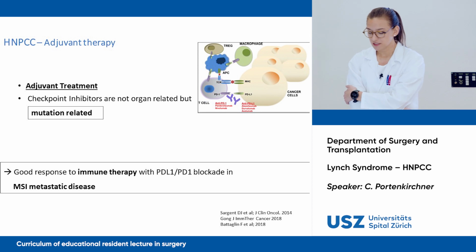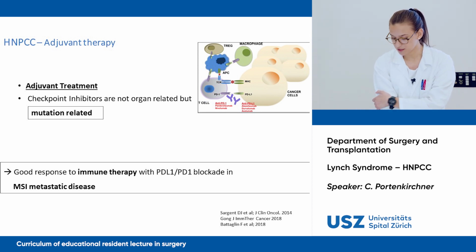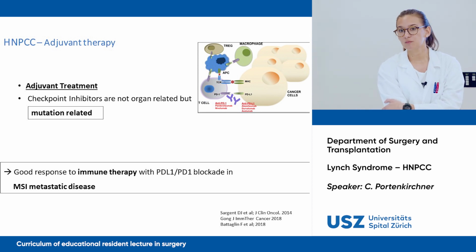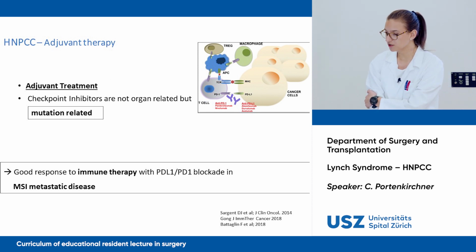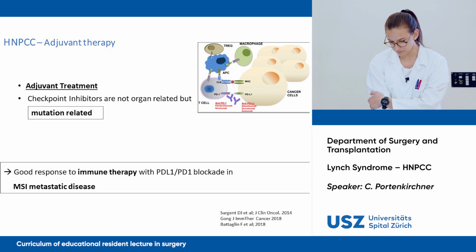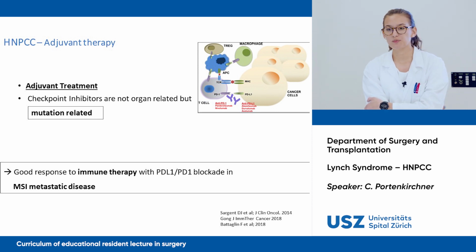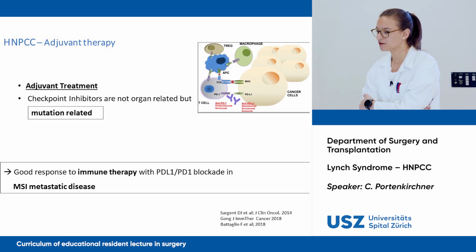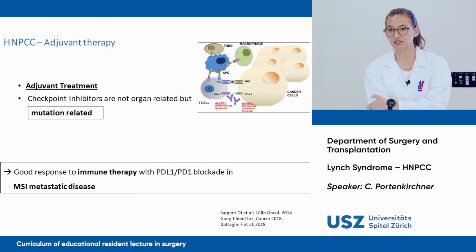There are checkpoint inhibitors. They are a novel approach to overcome immune cell exhaustion. In particular, antibodies blocking the PD-L1 pathway have shown clinical efficacy. Checkpoint inhibitors are not organ-related, but they are mutation-related.